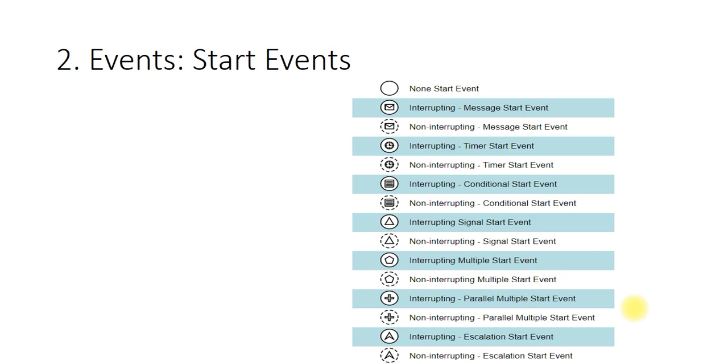Whereas in the case of parallel multiple events, all those events are required to trigger a process. Only one of the events is not going to trigger the process. We need all the events. So parallel multiple events can also be interrupting or non-interrupting.